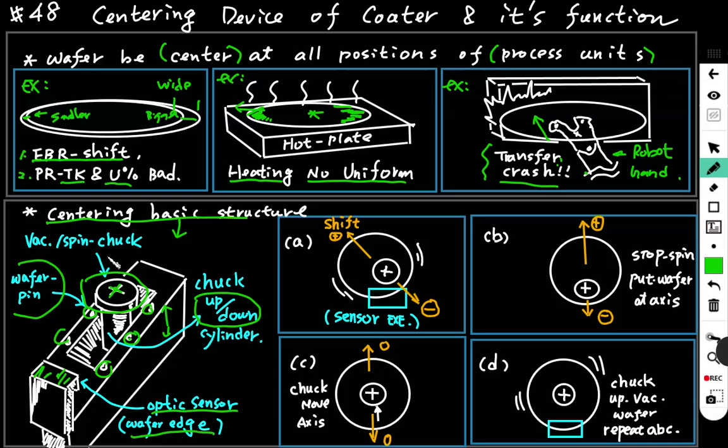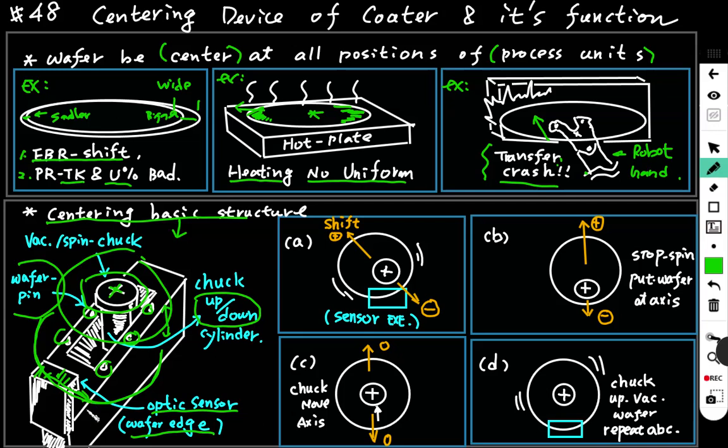We use it when the wafer is on the chuck, and the chuck moves the wafer to let the wafer edge be viewed by the optic sensor.